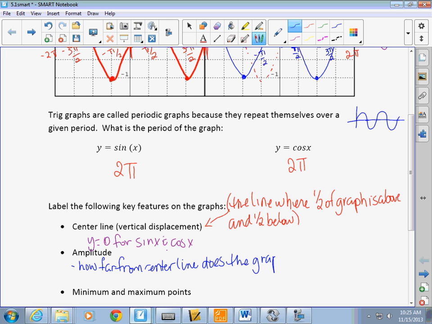So amplitude is telling you how far from the center line the graph moves. And it's always positive because it's measuring a distance. Even though our graph goes down to -1, it's still a distance of 1 from that center line. So for these graphs, our amplitude is equal to 1.